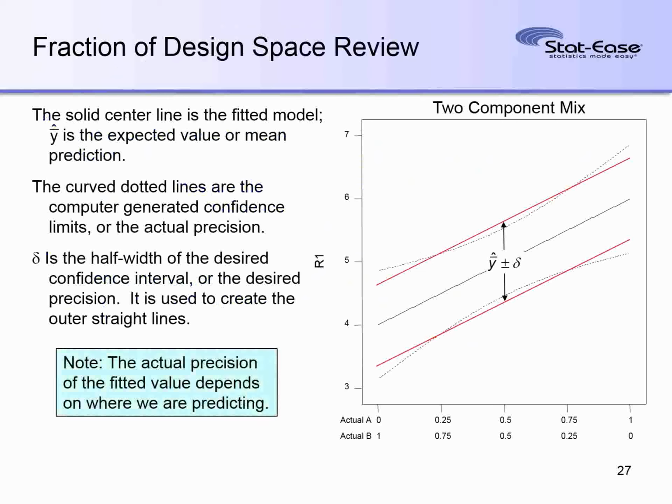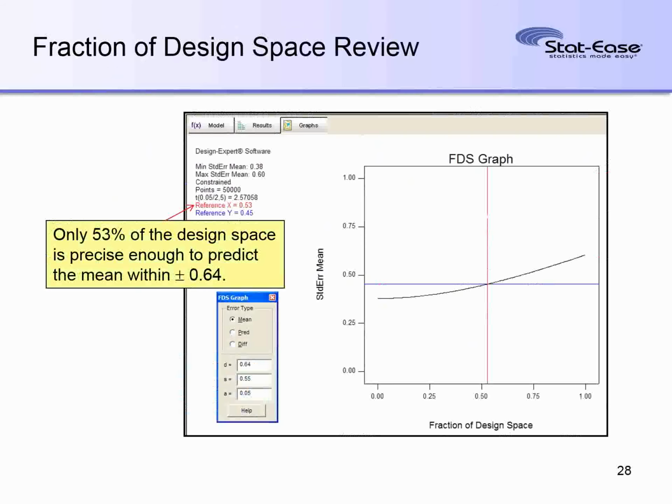Which brings up the point that, of course, the actual precision, that X naught that goes into that formula I alluded to earlier, tells you what the precision is going to be. It's a function of where you are in addition to the model. So the way fraction of design space gets used is we have to provide a D and an S estimate going into this, which is on the evaluation graphs output.